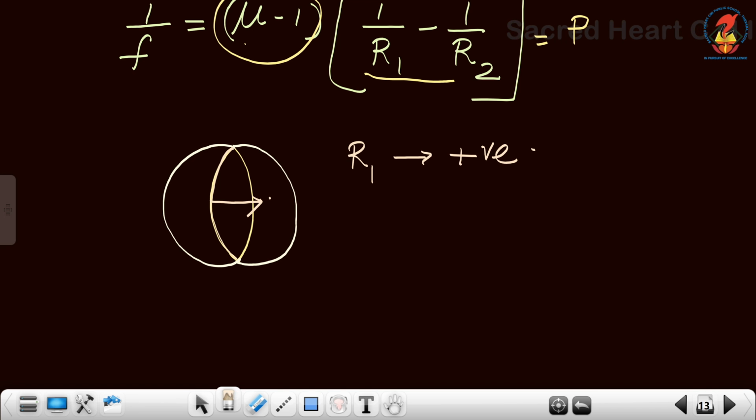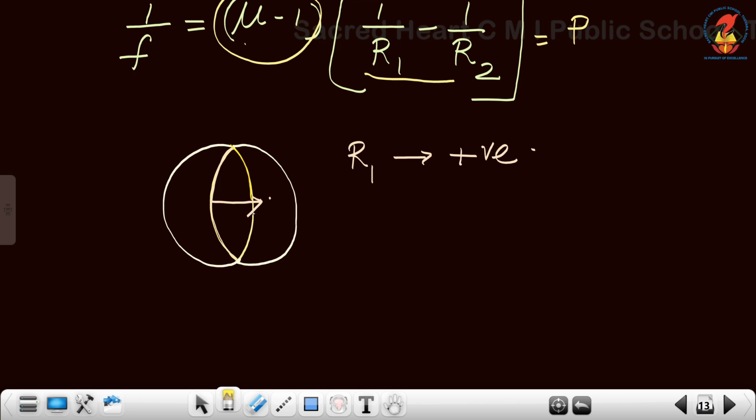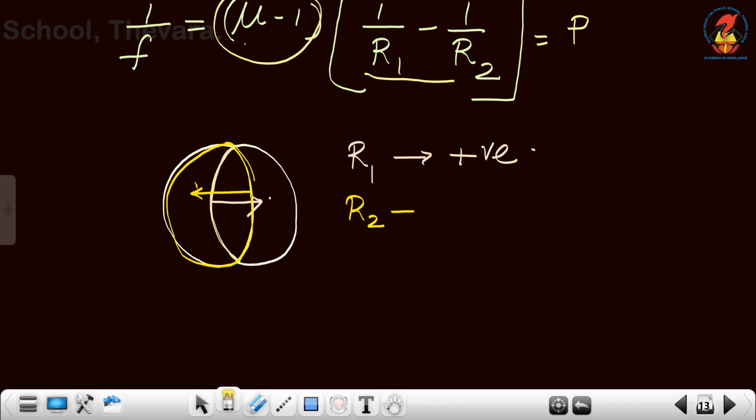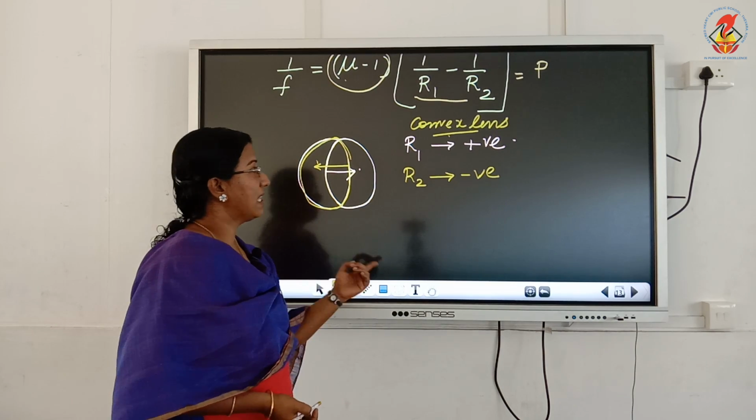The second refracting surface is this, and this is the sphere from which it is made, which means R2 is taken in this direction because the center of curvature of this spherical surface is somewhere here, isn't it? Which means R2 is negative. This is very important when you do problems: for a convex lens, R1 is positive whereas R2 is negative.